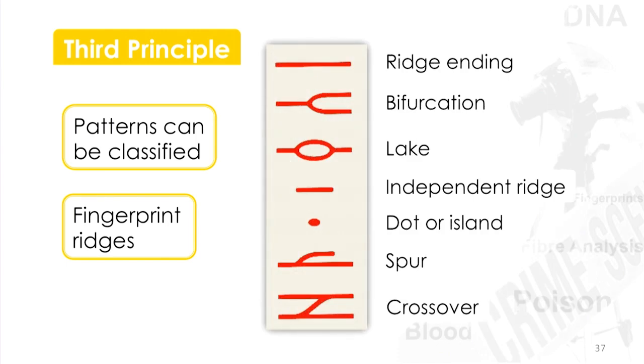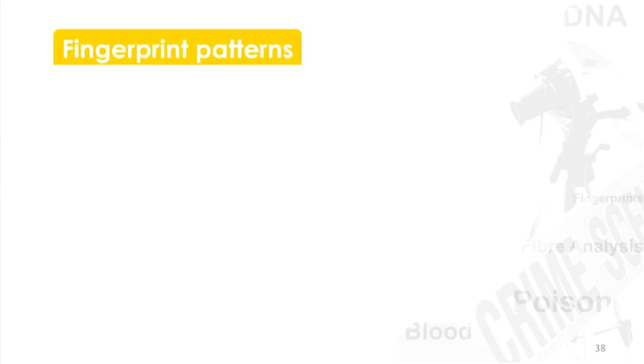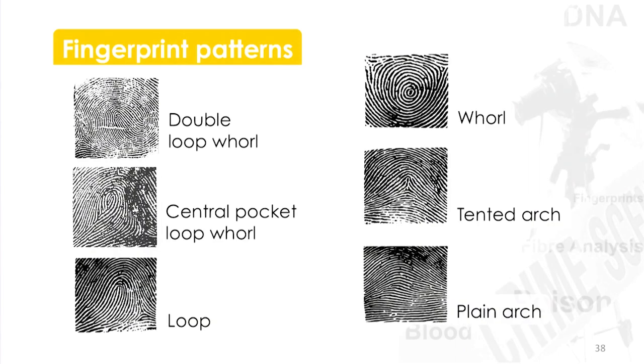And looking at them, you can see that some of the terms are clearly geographically inspired, and some appear to be inspired by the railways. In addition to these small features, the bigger pattern of the fingerprint can also be classified. And here you can see some of the classifications that fingerprint examiners use.